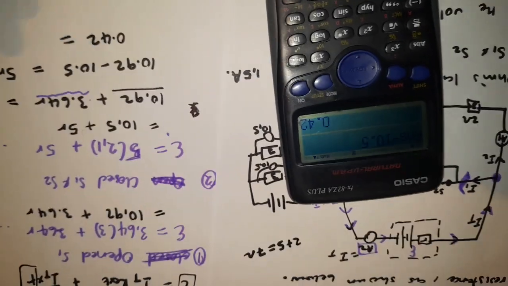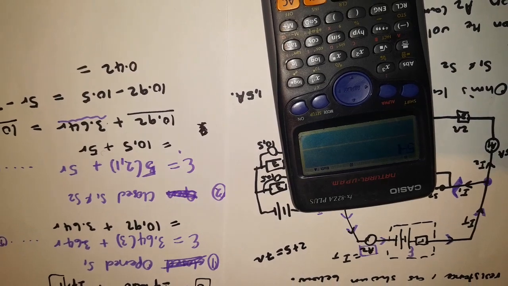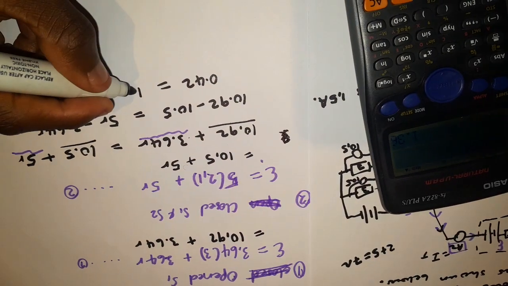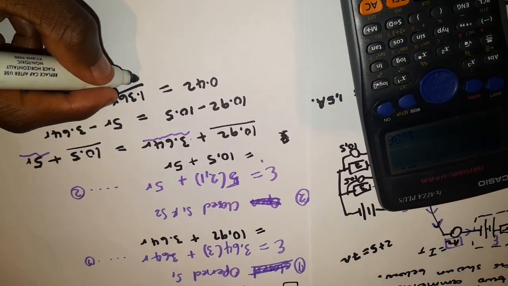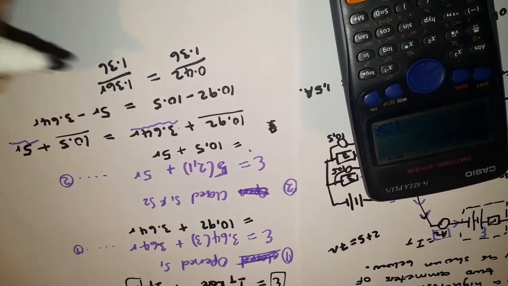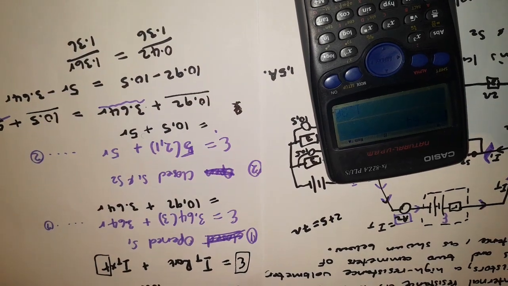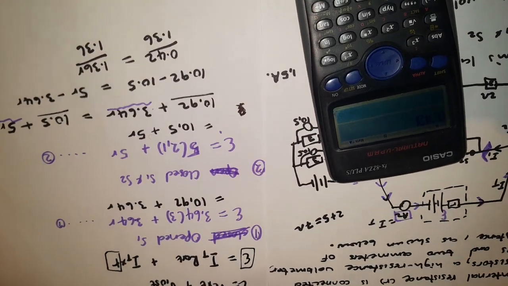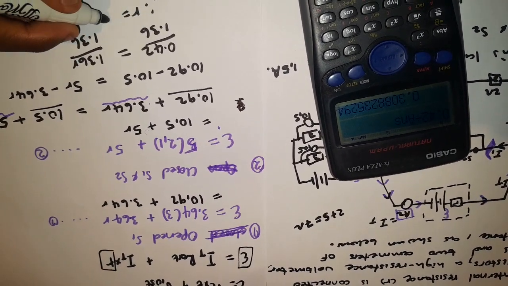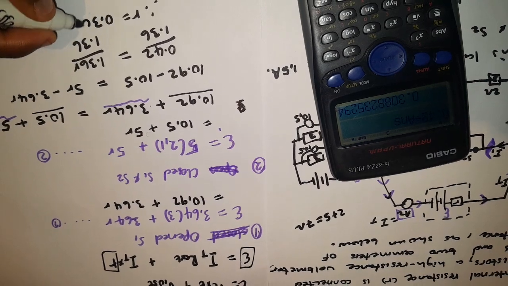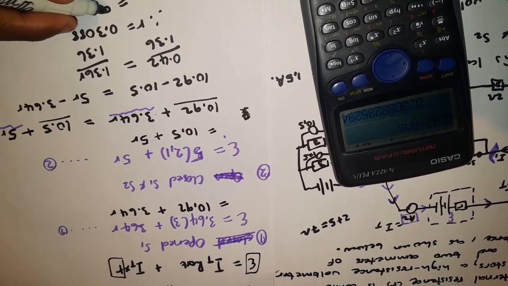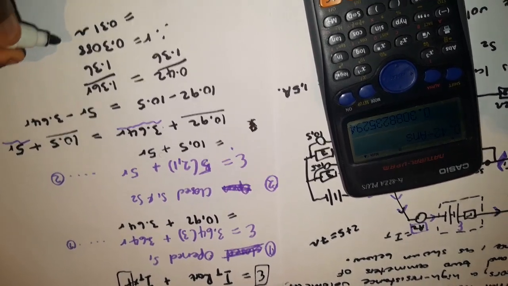It's going to give us 0.42 equals 5 minus 3.64, which is 1.36R. Then we divide both sides by 1.36. Divided, the answer, our R, the internal resistance, is 0.308.